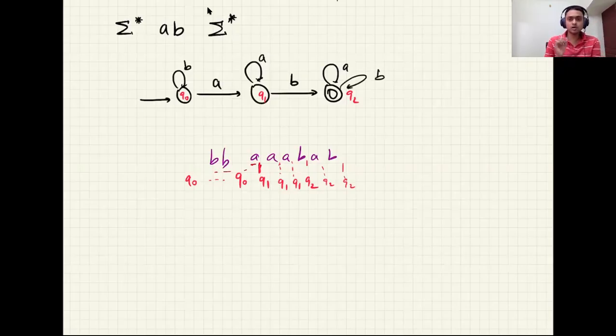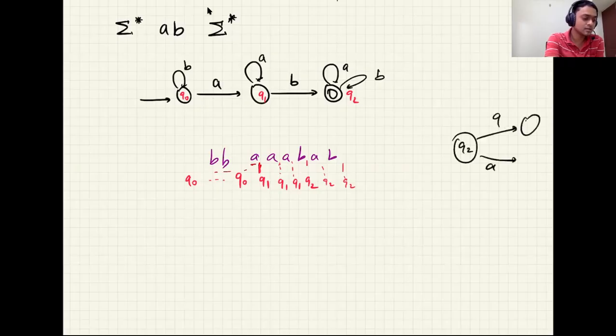From Q2 on an A, there is a single choice. From Q2 on a B, there is a single choice. If I had Q2 on an A going randomly to, say, Q3 and Q4, this would have been a problem, because it would not be deterministic.